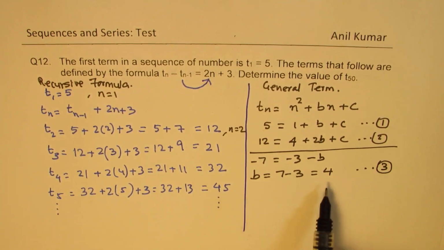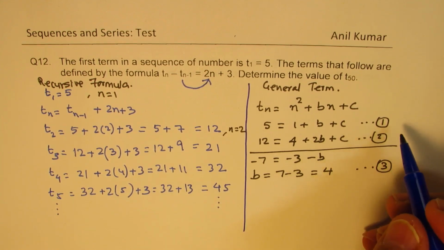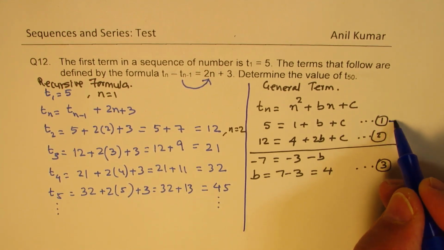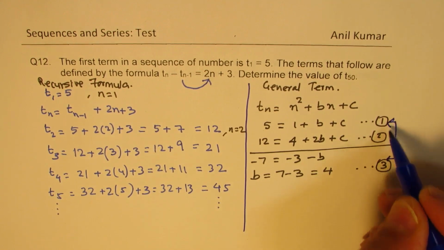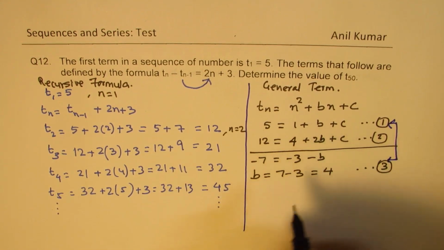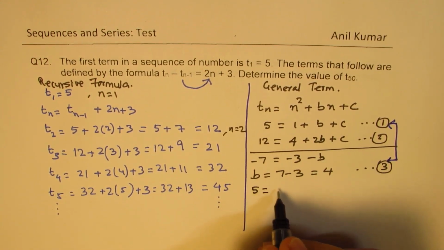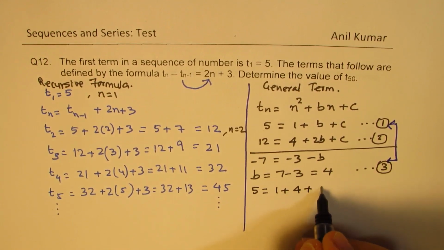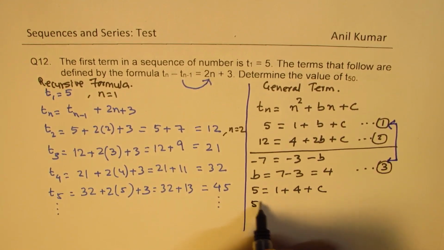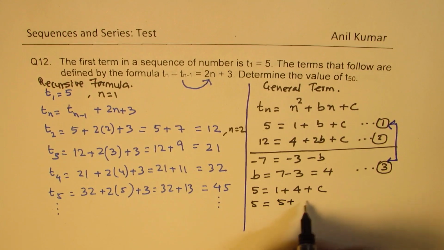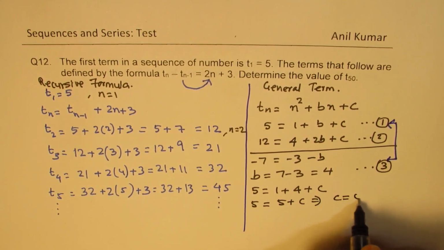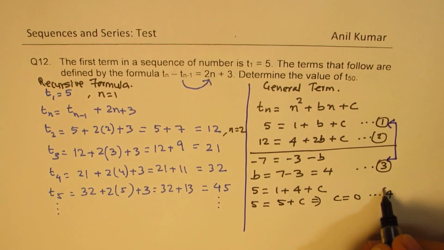Now since we know what b is, we can use equation 1 and then find what c could be, right? So from here we know 5 equals 1 plus 4 plus c. So that implies 5 equals 5 plus c, and that gives you c equals 0. So that becomes our equation 4.